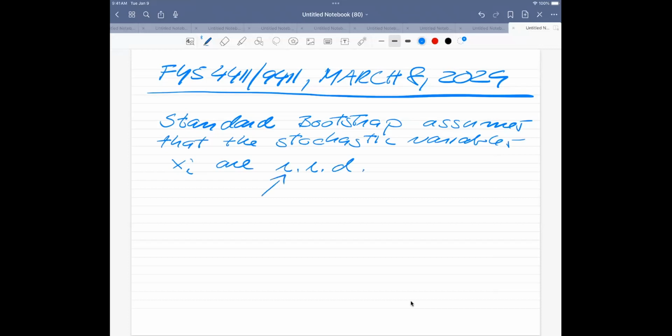So to quickly remind you of that, that means that they are independent. And this is identically. And the final one here is distributed.